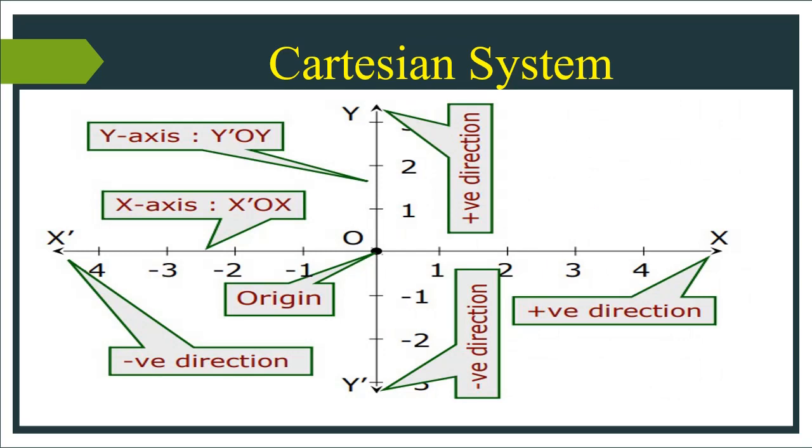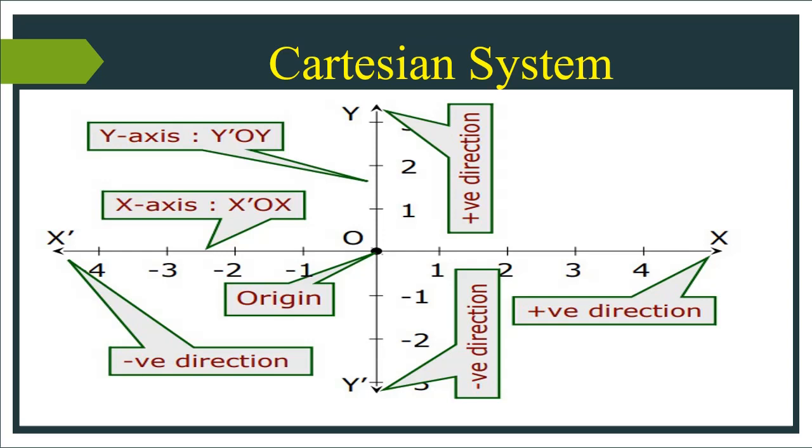Understanding the concept of Cartesian system with the help of a detailed figure. In the figure, two lines kept perpendicular to each other divide the whole plane into four quadrants. One line is horizontal, represented by X' O X, also known as the x-axis, and the vertical line Y O Y', which is also known as the y-axis.